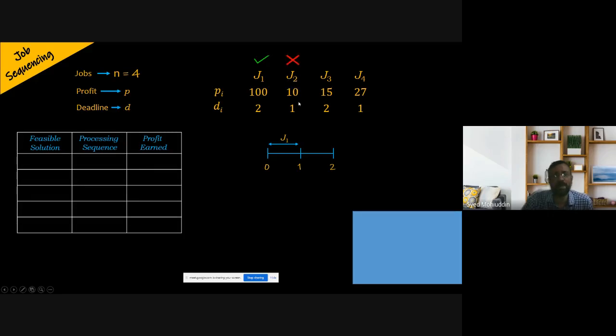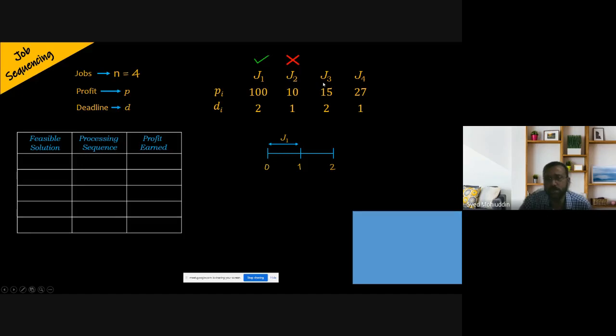No, we cannot. Why not? Because job 1 is processing till 1 p.m. and job 2's deadline is 1. So job 2 cannot be scheduled here because it exceeds its deadline.